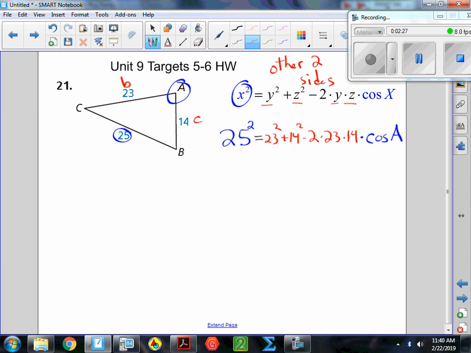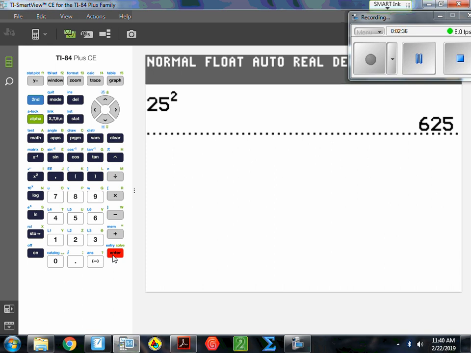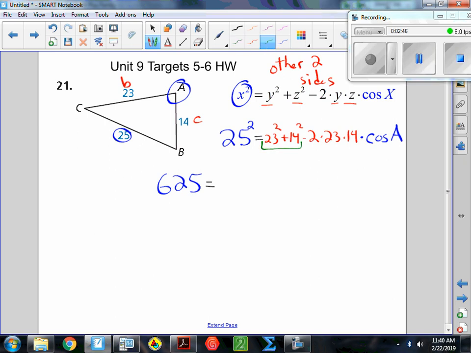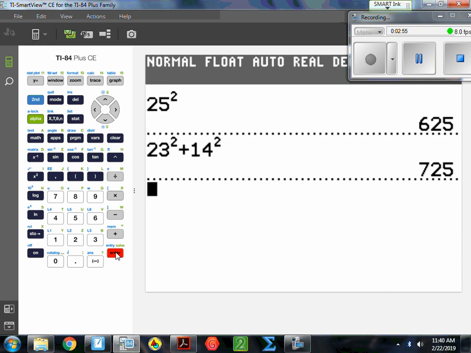I'm going to try to clean this up a little bit. So we're going to start with 25 squared. 25 squared is 625. So I have 625 equals, and I'm going to do these next two parts together: 23 squared plus 14 squared, and I get 725.